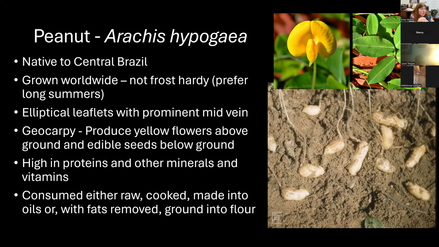So I actually know a few people that have grown peanuts here in our part of Western Kentucky. But I will say generally this is a plant that I wouldn't really grow as a crop unless it's in a zone 8 or above, and we're in a zone 7. It really just depends on when our frost dates are.